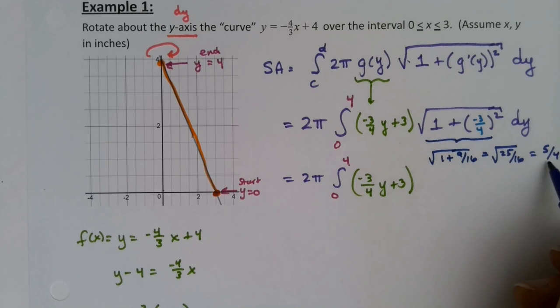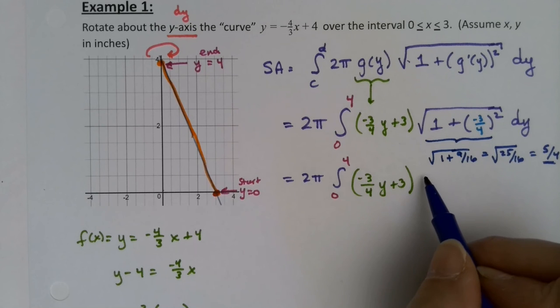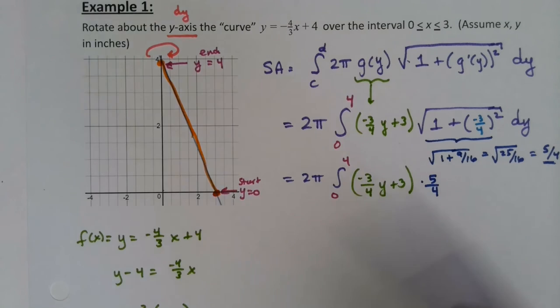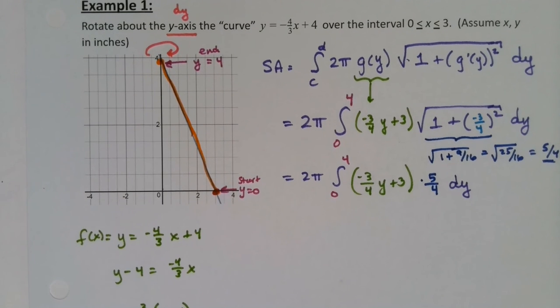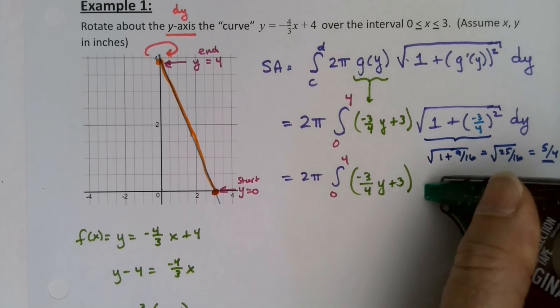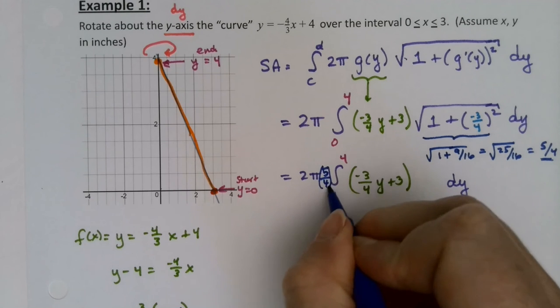So I'm going to multiply this by 5/4 dy. Actually, I don't really need to put the 5/4 there. It's a constant, so I can put it out in front.